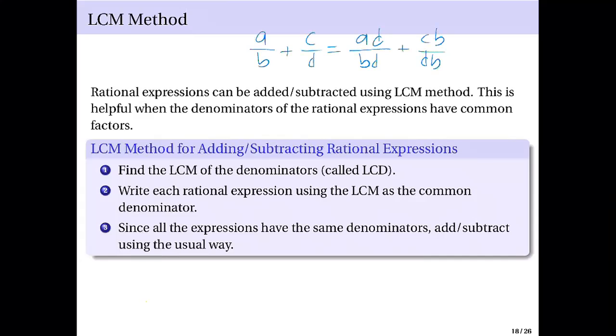What we actually did here is finding a common denominator. BD is a common denominator. So if you put some expression in the denominator, you have to put the same expression in the numerator. And then we can add these two the usual way.